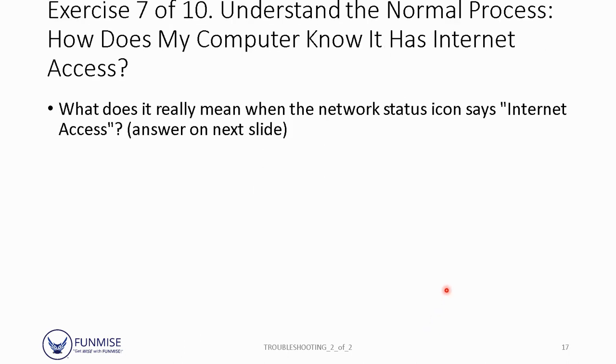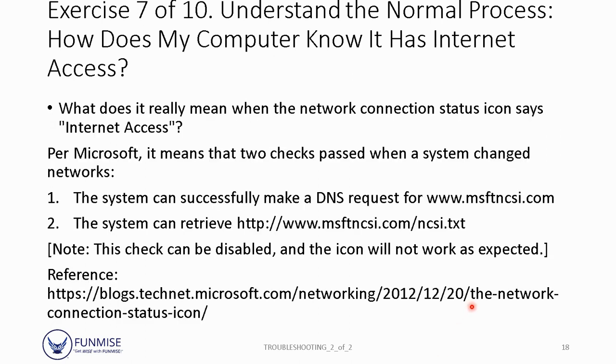Exercise number 7. Understand the normal process. How does my computer know it has internet access? What does it really mean when that network status indicator says internet access? This is a good question because some people may not know what it really means when it says I have internet access.